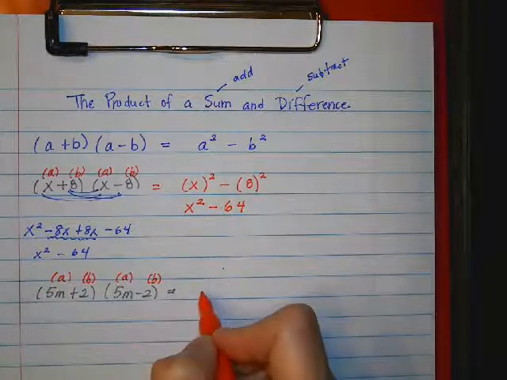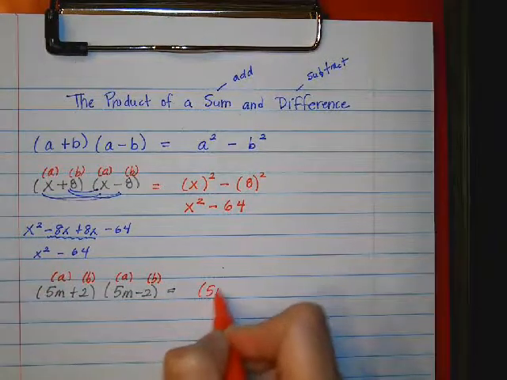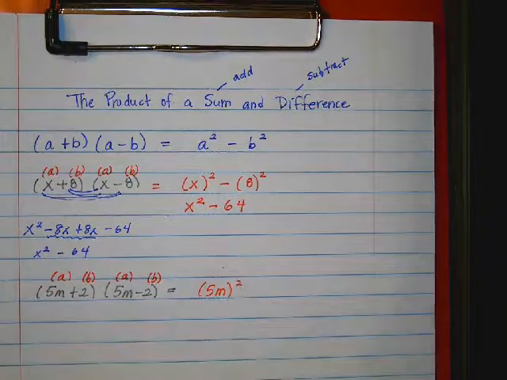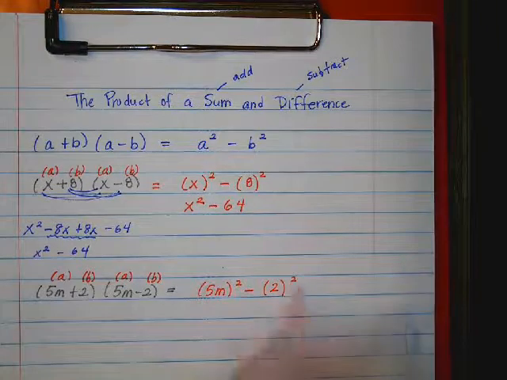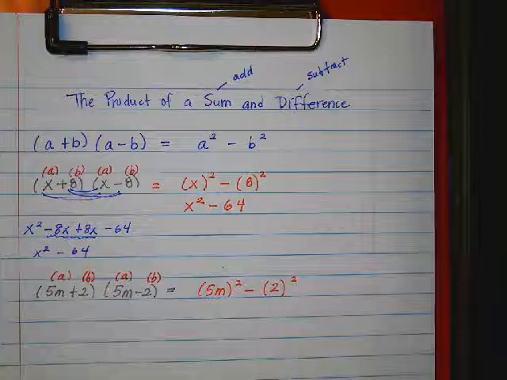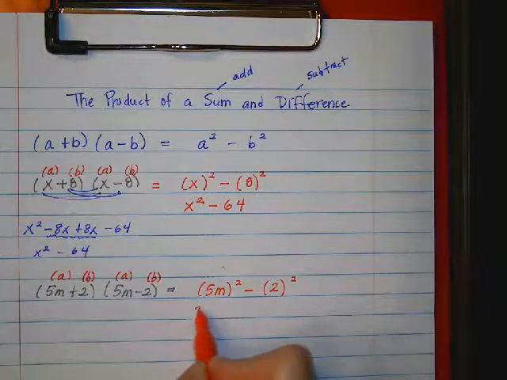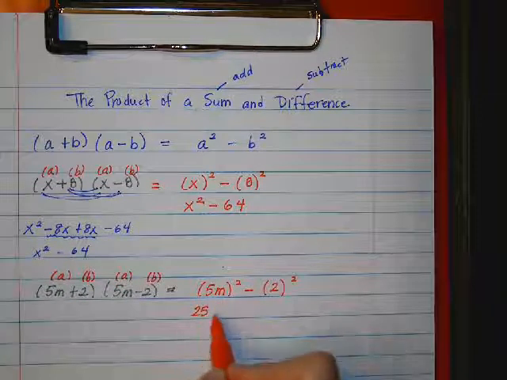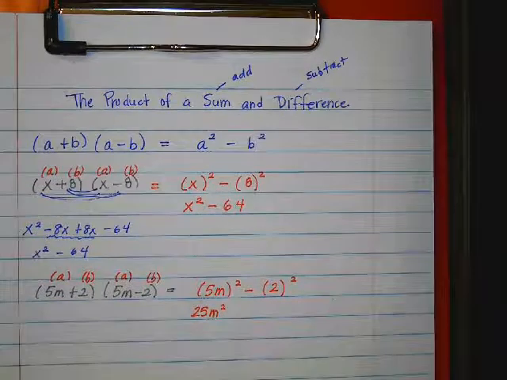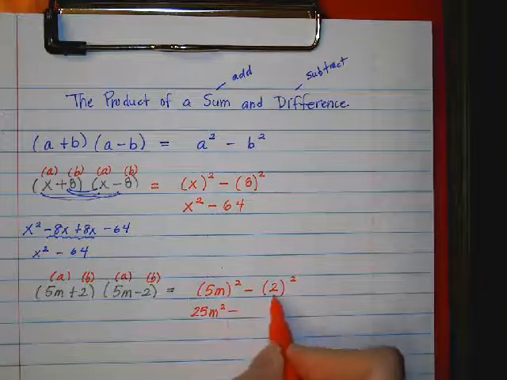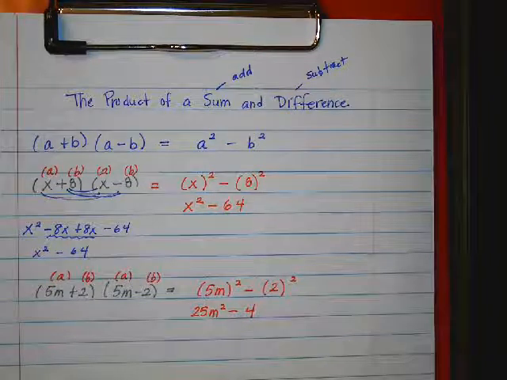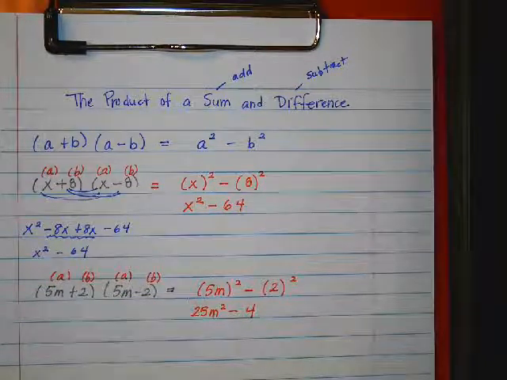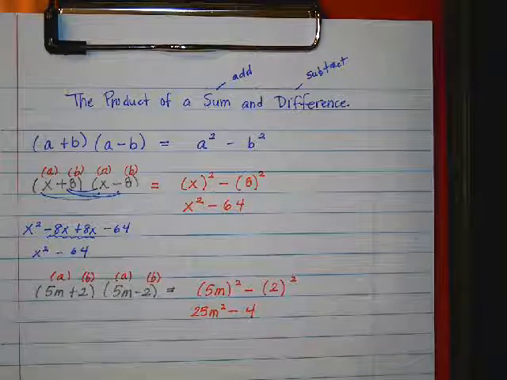So I take my a value, which is 5m, and I square it, minus my b value, which is 2, and I square it. So I'm going to multiply. 5 times 5 is 25, and m times m is m squared. Minus 2 times 2, 4. Beautiful. Alright, so I'll do a couple more with you, and then that should be good to go.